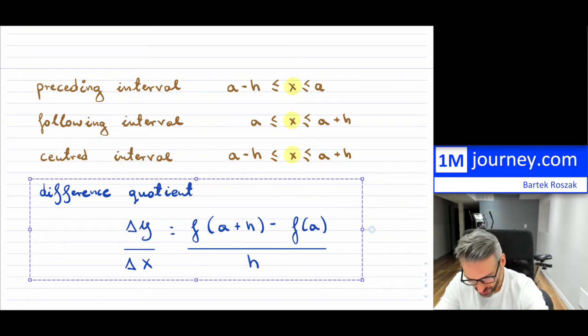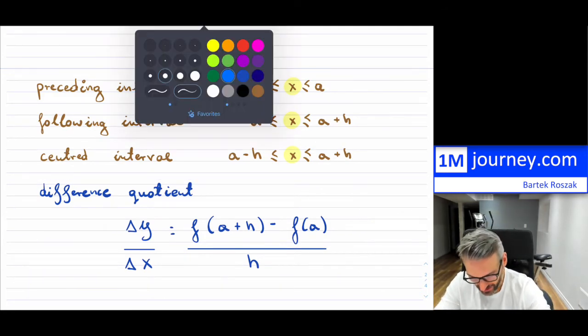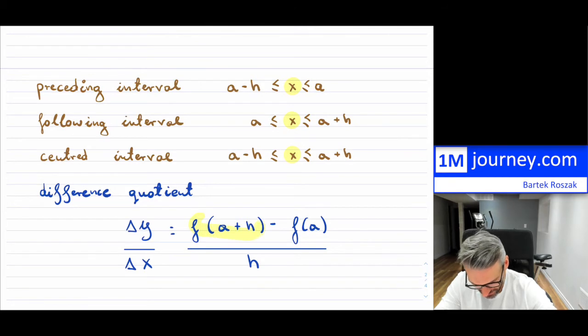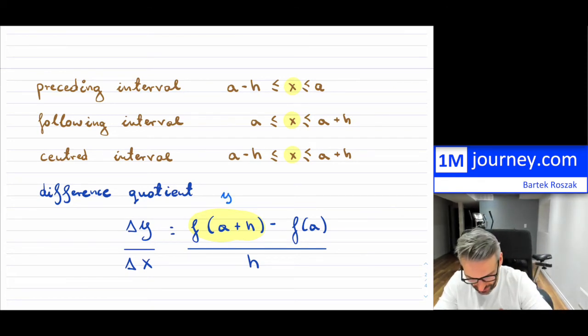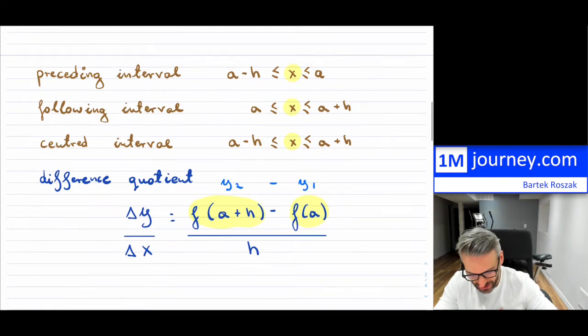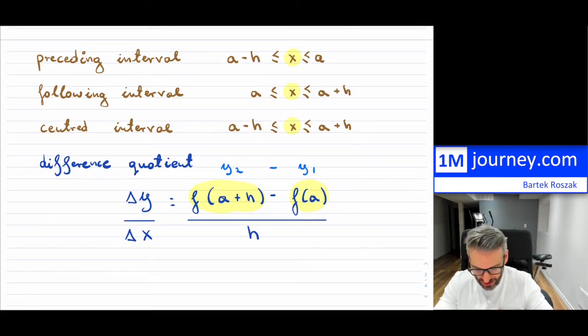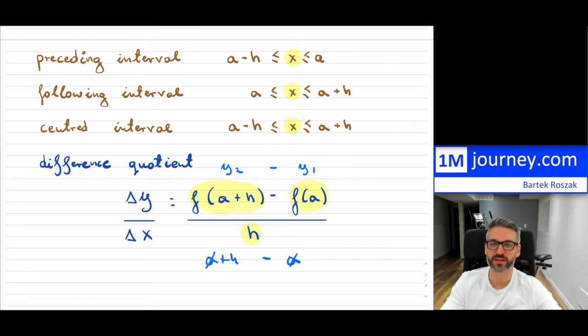Difference means that you are taking an input of a plus h, and you get the output, your y2, minus your y1, which would have been right here. And then you're dividing it by the difference in the inputs. Notice what happens: a plus h minus a, the a minus a will cancel and you only have an h at the bottom. That is called a difference quotient.